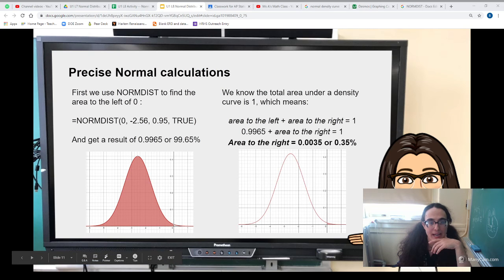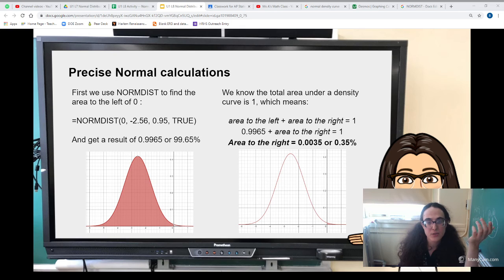So now we know the area to the left is 0.9965, and we know the total area is 1. So just doing a little algebra, the area to the right is 1 minus 0.9965, which gives us a result of 0.0035, or 0.35%.